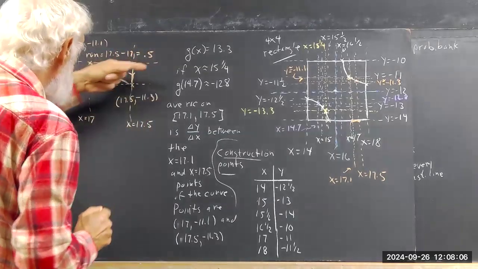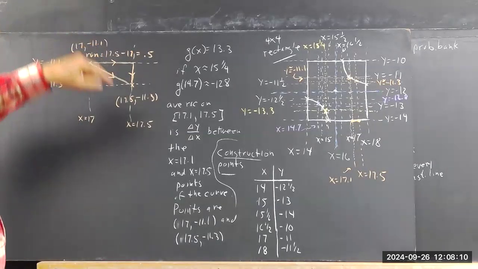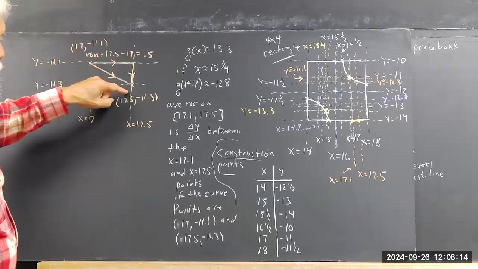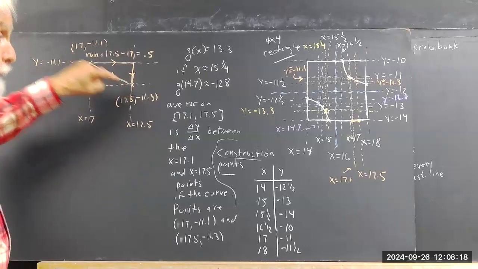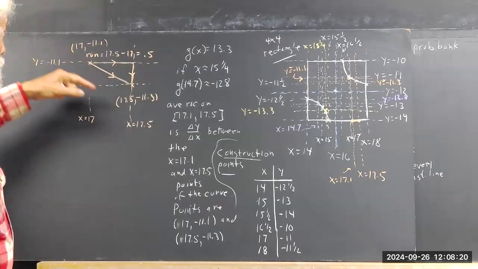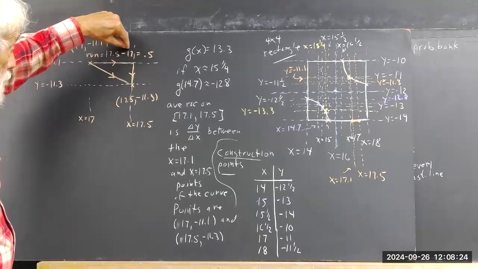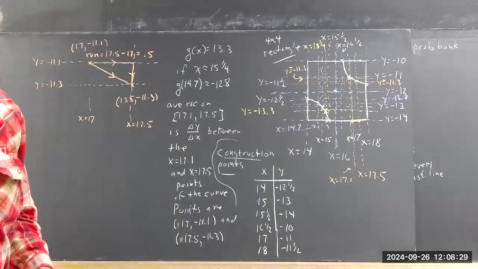We have positive 0.5 here. What we always do is subtract where we are from where we're going. It's where we're going minus where we are. 17.5 minus 17 is 0.5, which is positive, which it has to be in this case.